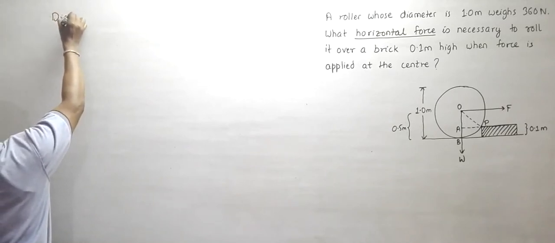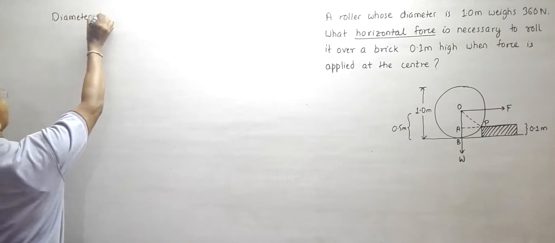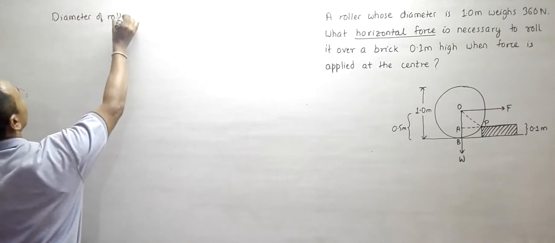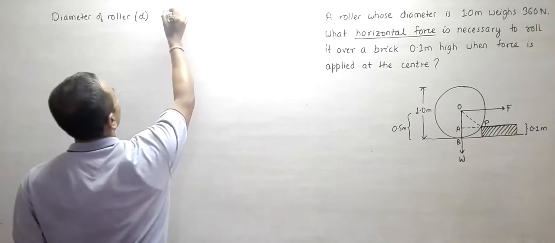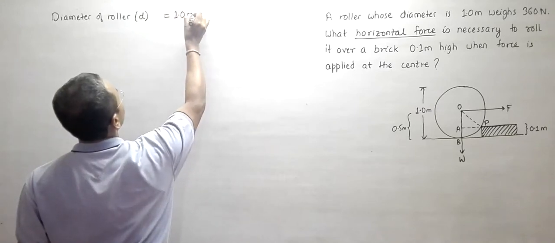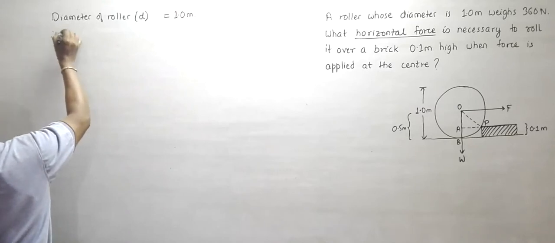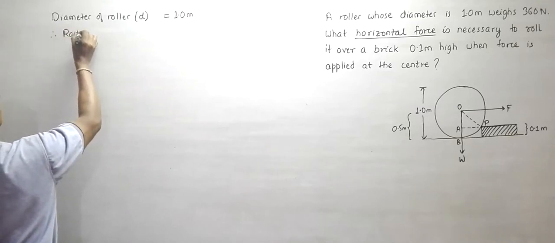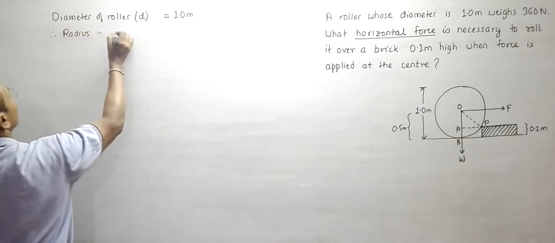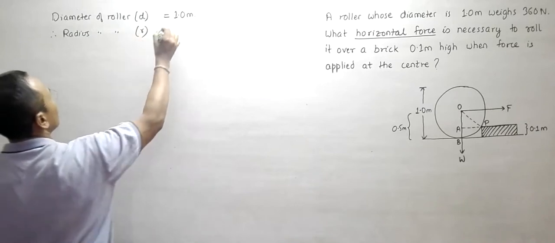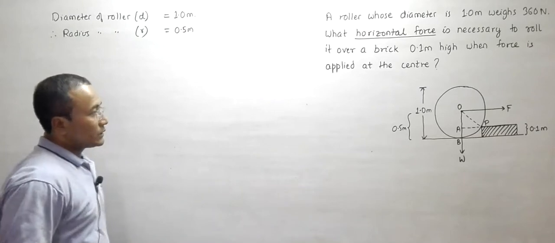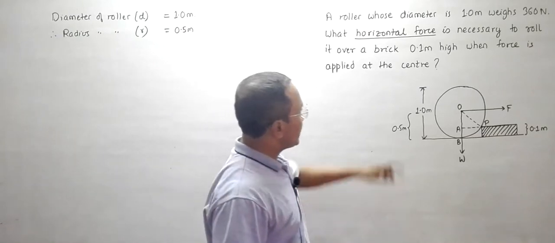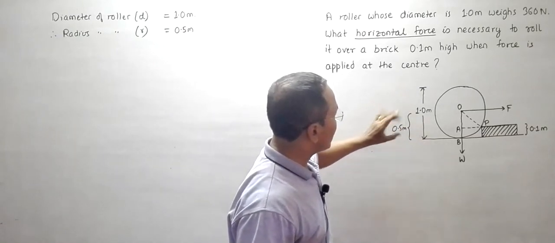Diameter of roller, I can name it as D, and that's equal to 1.0 meter. So that means radius of roller, I can say it as R, that should be equal to 0.5 meter. So in the diagram I have mentioned this is the diameter and this is the radius.